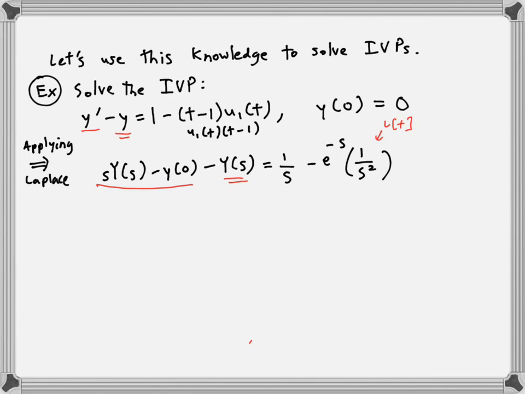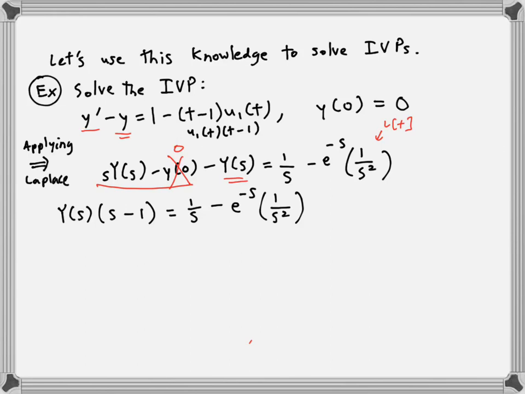Okay, so now what? Now we need to isolate y of s. But remember, we can plug in the initial conditions first. We know that y of 0 is 0, so that's not going to matter. And so what we end up with, if we factor out a y of s, we get an s minus 1 on the left side. And on the right side, we end up with 1 over s minus e to the negative s times 1 over s squared.